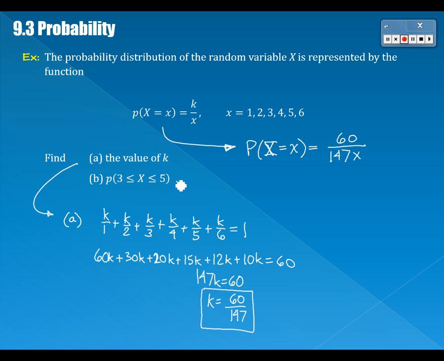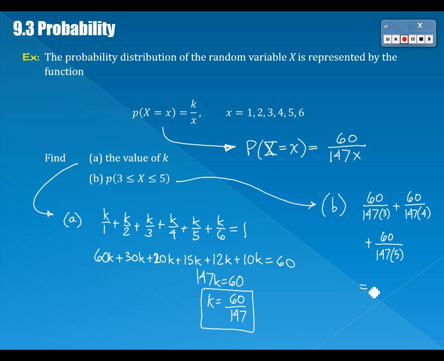Okay. All right, so now let's do B. What is the probability of x being 3, 4, or 5? Do we interpret that correctly? So that'll be 60 over 147 times 3 plus 60 over 147 times 4 plus 60 over 147 times 5, which is, I don't know.